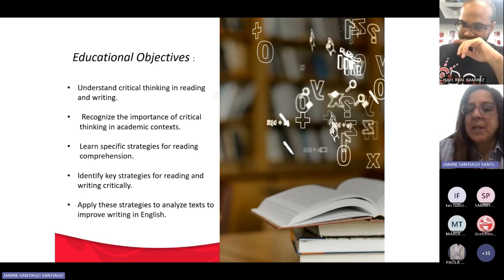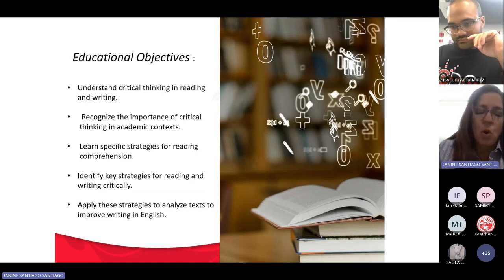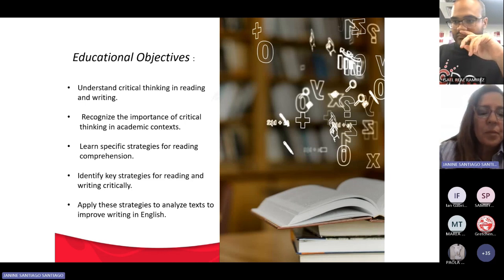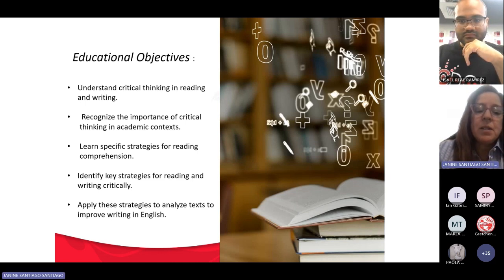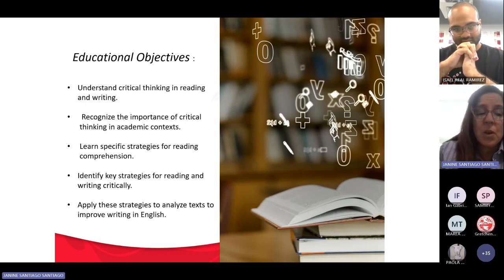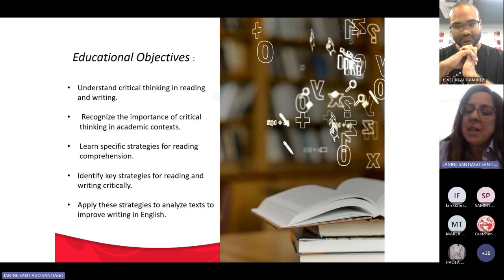When I was designing the presentation, the first goal that I wanted it to convey was that all of the people present today understand what critical thinking in reading and in writing means, that we can recognize the importance of critical thinking in the academic context, and learn specific strategies that we are going to use for reading comprehension.